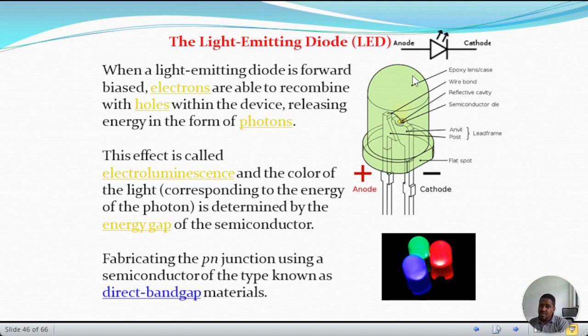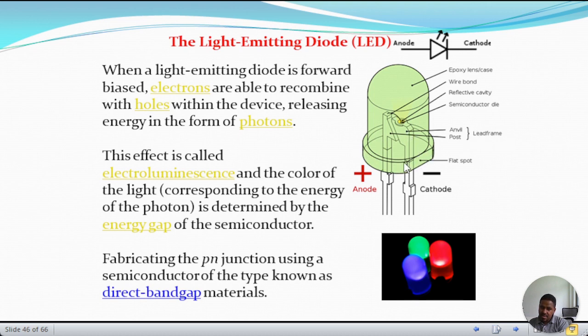For the construction or parts of the LED, the upper top part is the epoxy lens or case, then the wire bond, reflective cavity, semiconductor die, the anode post, and the cathode post, and below that are the lead frames.